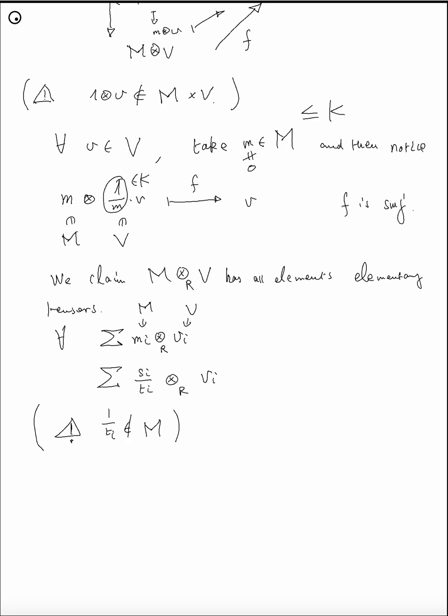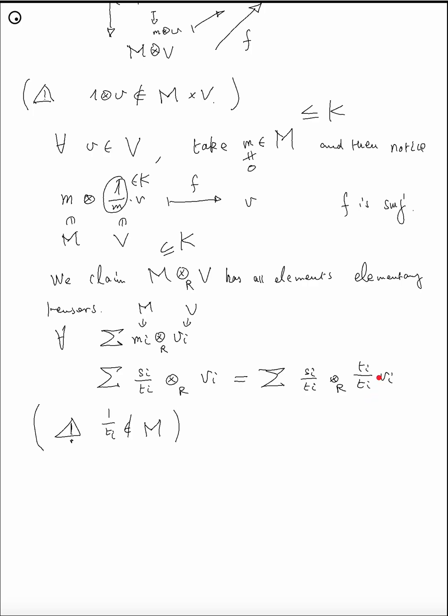What we do is that we can even make the left hand side component bigger, because M is an R module inside K. We find a way to multiply with elements of R to try to make the left hand sides look the same. For example, this is at least firstly ti over ti wi, right?